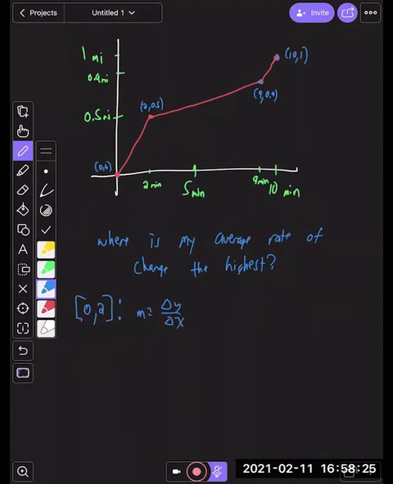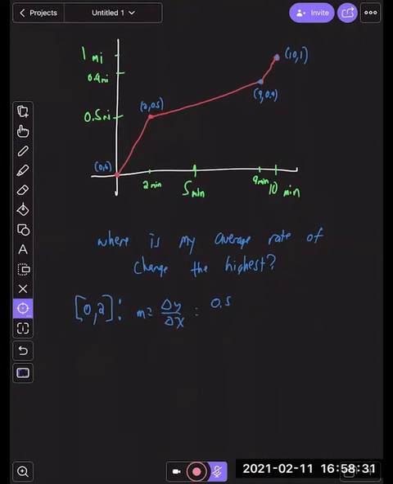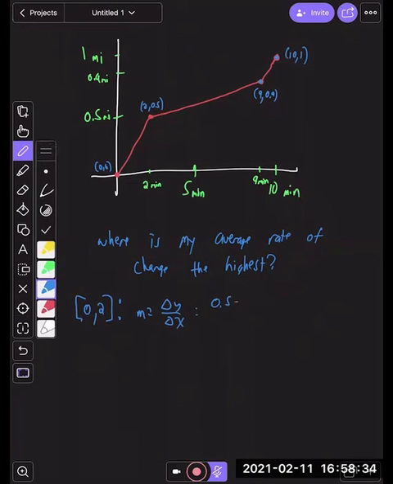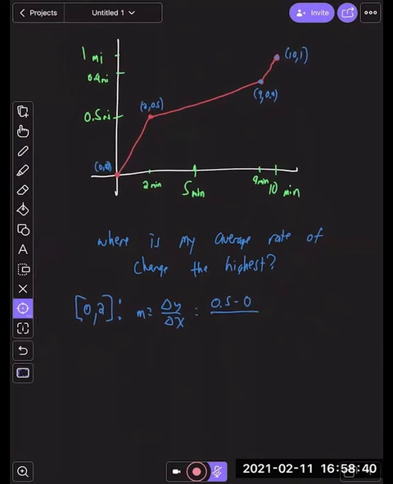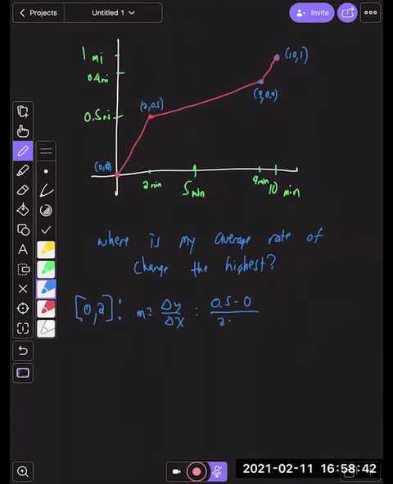On the interval from 0 to 2, my change in y is 0.5, how much I've gone, minus 0, over my change in x, 2 minus 0. So I've gone 0.5 over 2, or 1 mile per 4 minutes. You can see that's relatively fast.